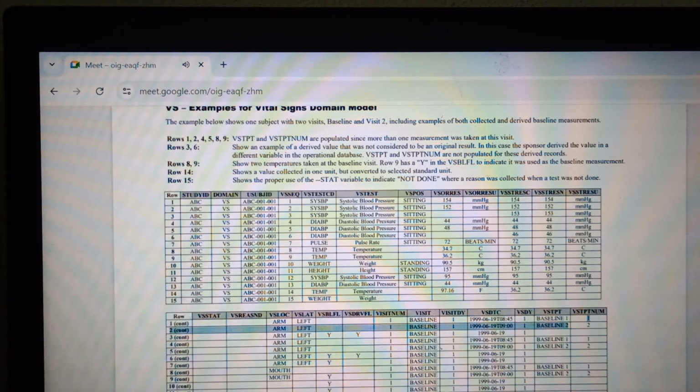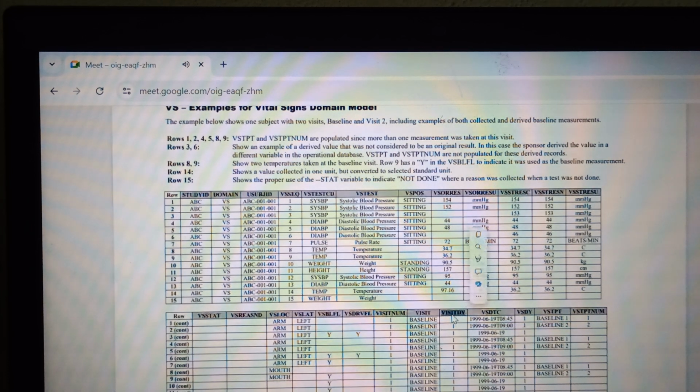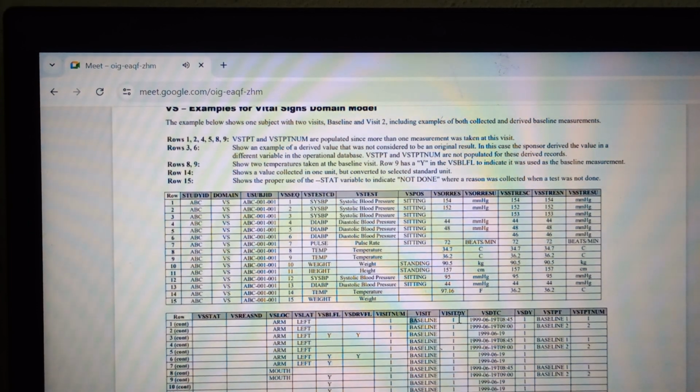So is that clear? Or do you have any questions? Sir, what is the difference between VISIT and VISITDY, sir? VISITDY is nothing but, as per protocol, this visit is going to happen on this day. They say that baseline is day 1.